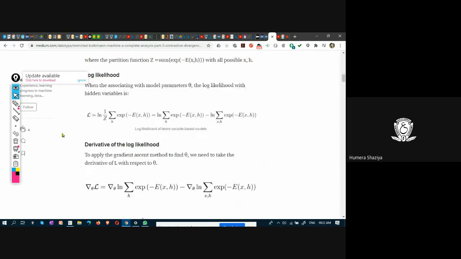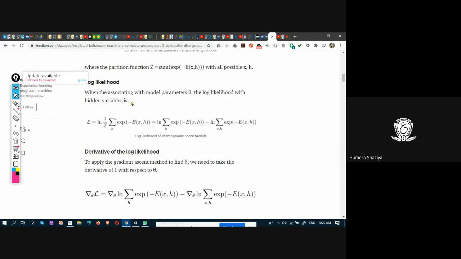And likelihood. Whenever a model parameter is associated, the likelihood of the hidden variable is computed by means of this equation. In this equation, what is the likelihood that a particular parameter theta occurs?